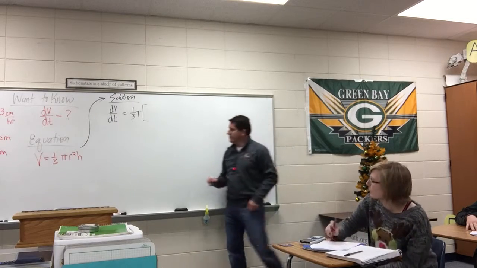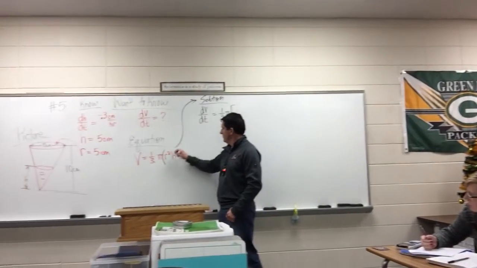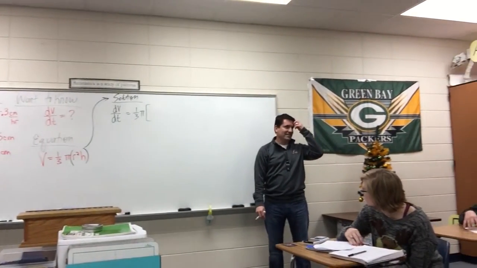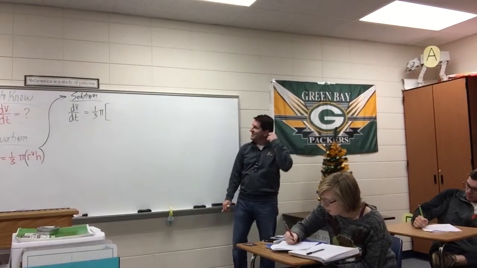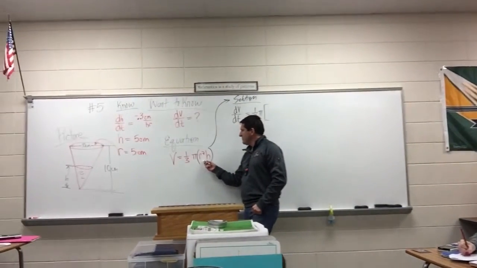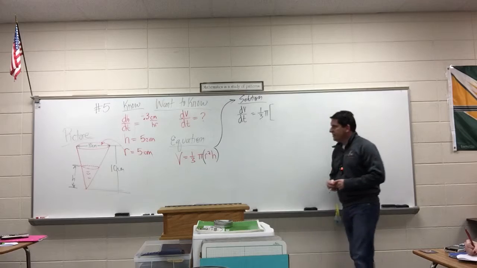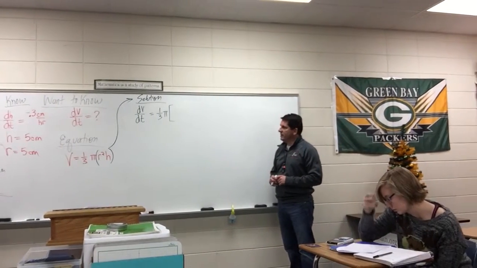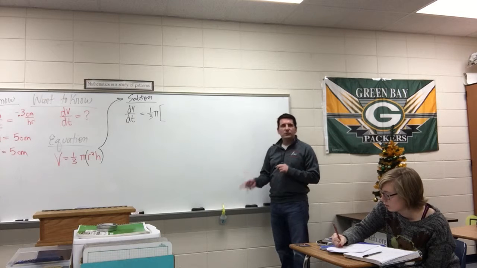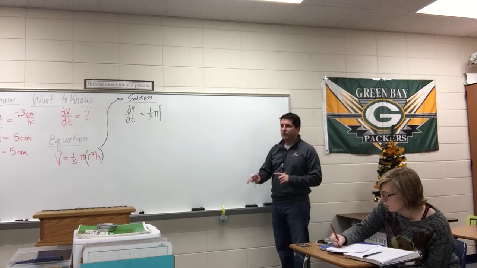I spy a problem. So, because r squared h, that product is part of the original formula, we have to use the product rule, but still use dt when we're finding the derivative.